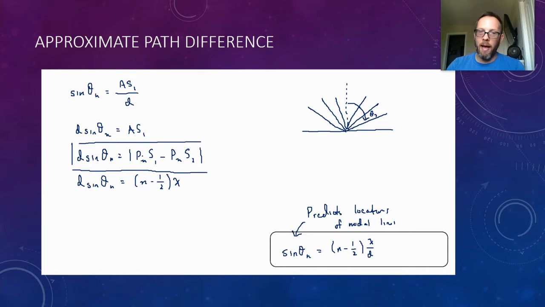But this says the path difference is also equal to d sine theta n. So this is an approximate path difference formula. So instead of taking a point on the nodal line, you just measure the angle of your nodal line, and using the slit separation d, you can calculate the path difference too for any point on that line. So that's pretty neat.